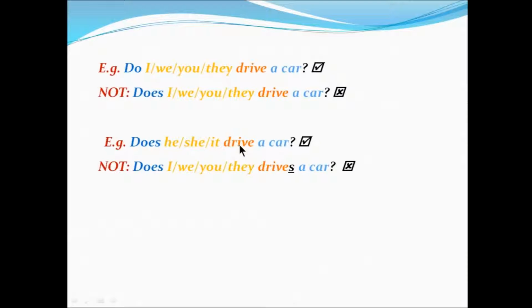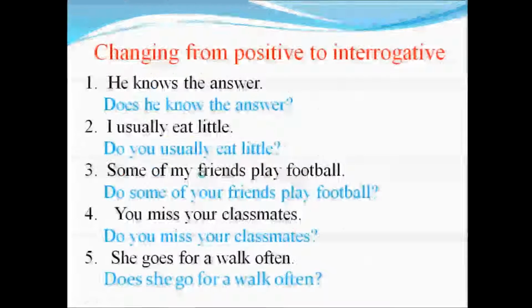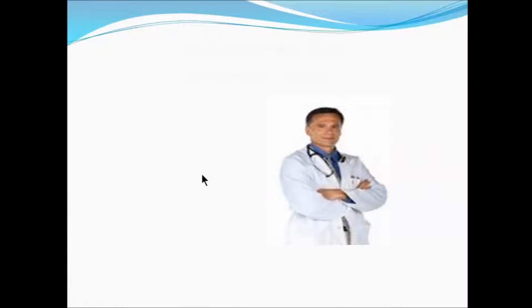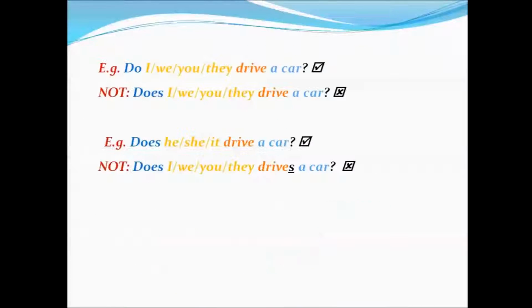Does he drive a car? Does she drive a car? Or does it drive a car? So what is the problem for this one? Sorry, what are the problems with the last sentence in this slide? You see that? Does I, you, we, they drive a car? So the first one is that this is the first person singular.